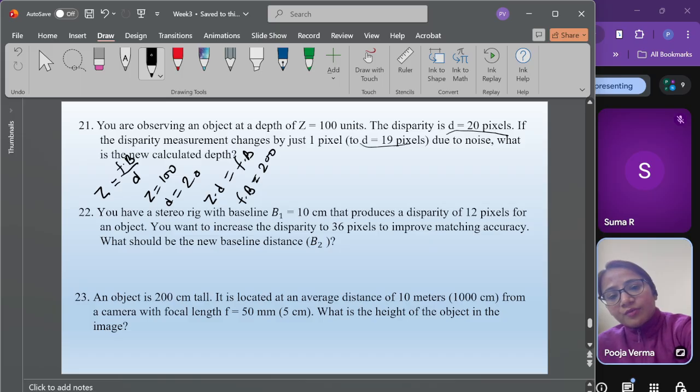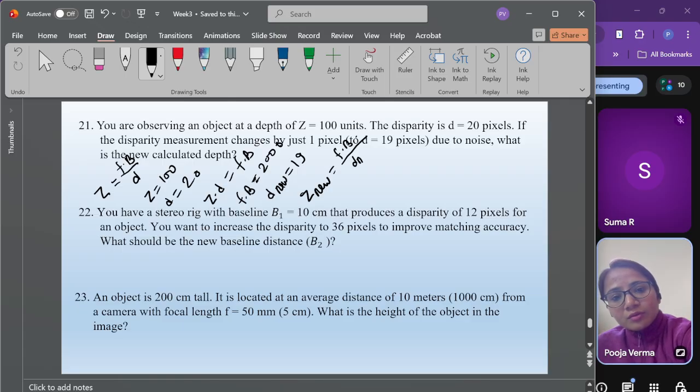Now if D is reduced by 1 pixel, it is 19, right? To get the new calculated depth, Z new, FB we already know is 2000. So Z new is FB divided by D new, where D new is 19.